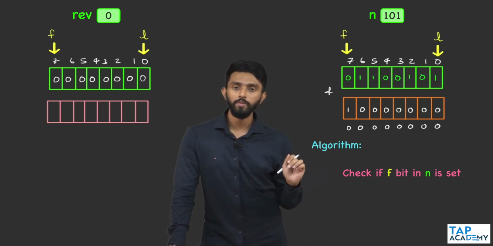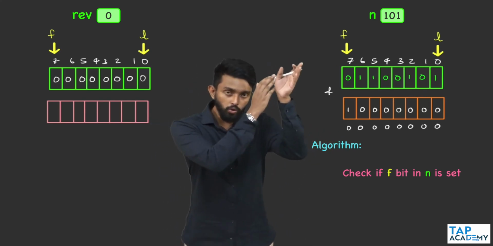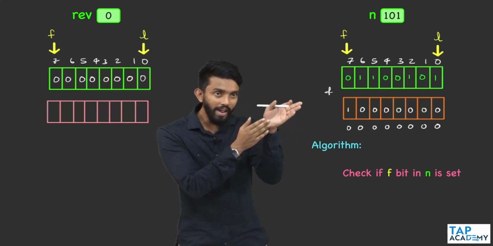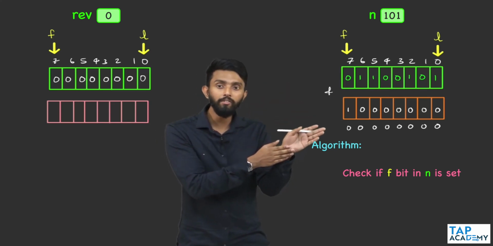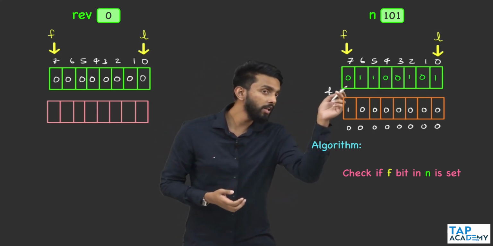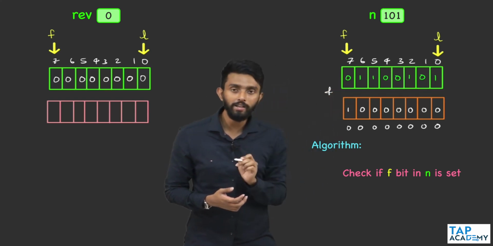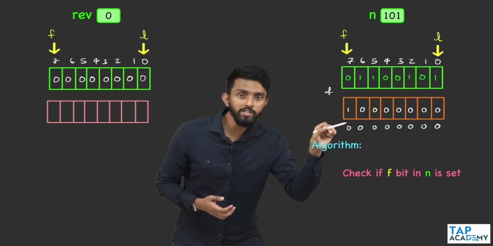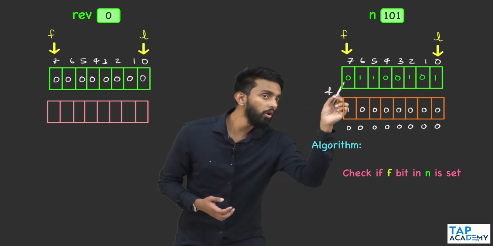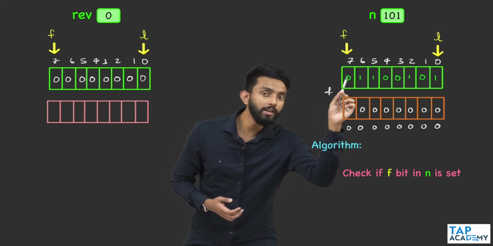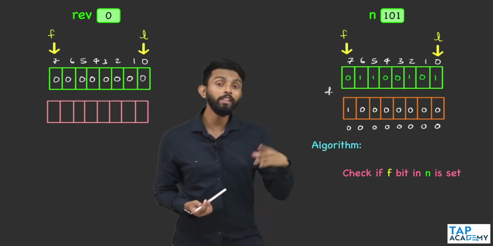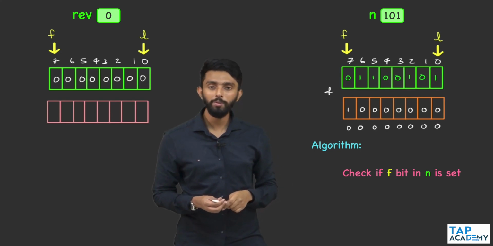Everything is 0. Which means if you do AND operation between n and this mask, if you get everything as 0, it means that this bit was unset. If you would have got non-zero or not equal to 0, it means that this bit was set, because 1 and 1 would have been 1, and that is a non-zero number in decimal. I hope you're able to think.